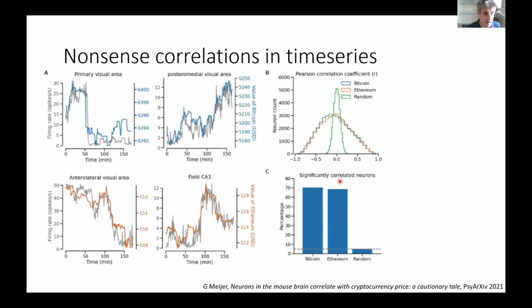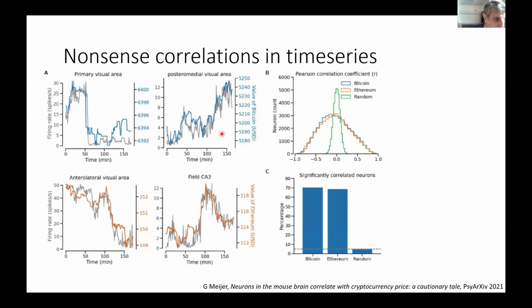And this was demonstrated beautifully by Guido Maya, who wrote a tongue-in-cheek but very important manuscript called Neurons in the Mouse Brain Correlate with Cryptocurrency Price, a Cautionary Tale.